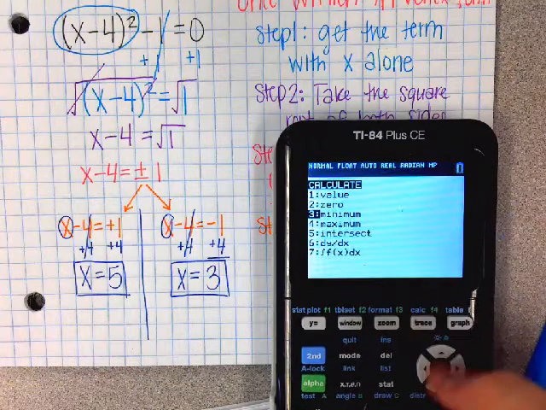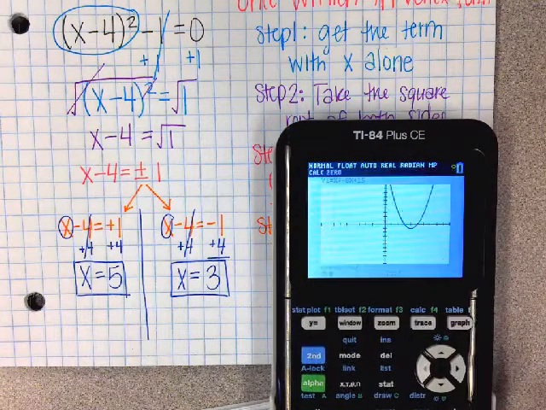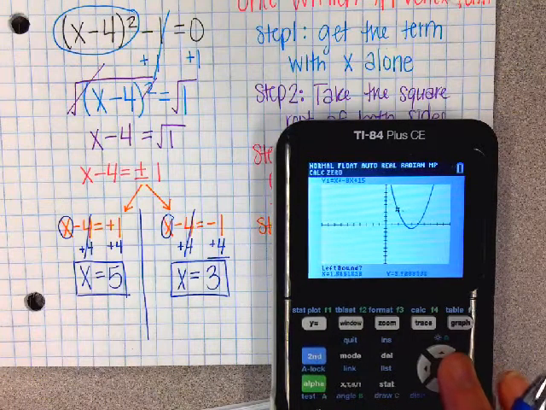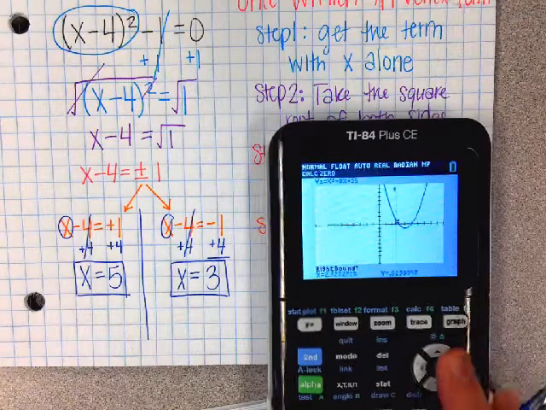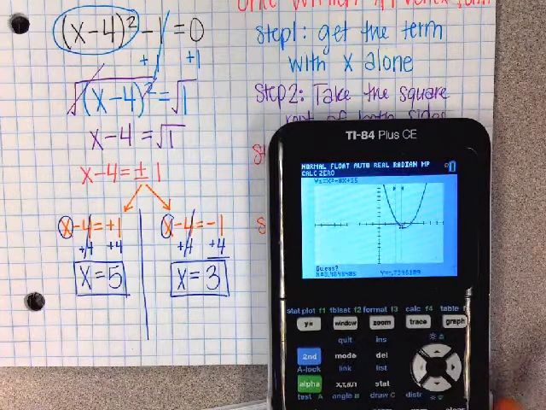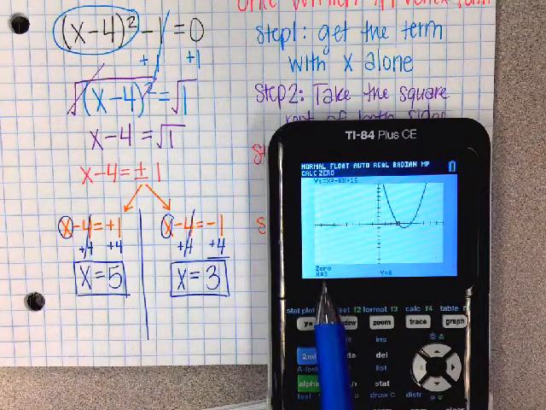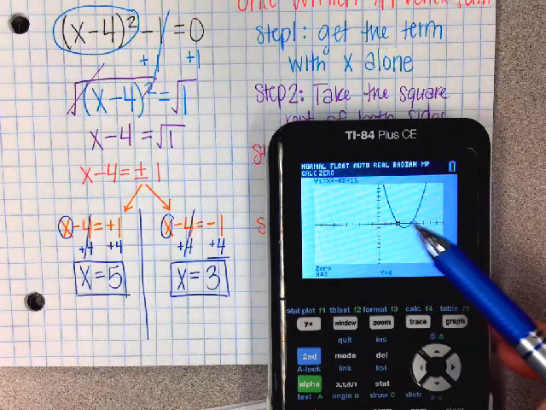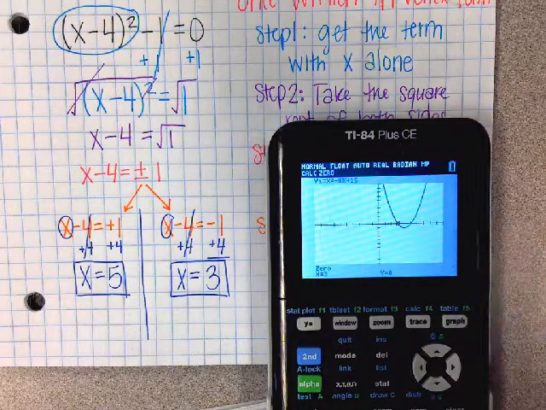Remember, this is where you find the zeros, where you do second, trace, go to 2. I need to be to the left of it, or sorry, to the right of it. Oh no, to the left, and then to the right. Enter. So there's our first one, 3. Can you visually see where the other one is?